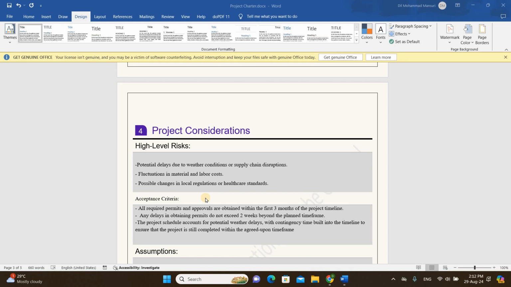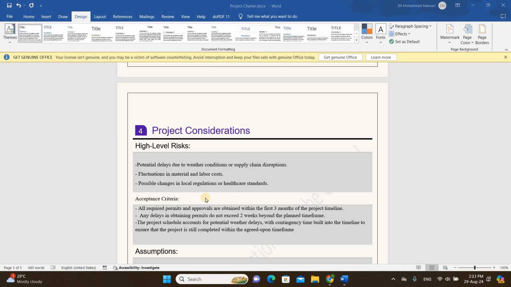Acceptance criteria. If such a risk happens, then we will have acceptance criteria. Up to that limit we can accept the project. Like all required permits and approvals are obtained within the first 3 months of the project timeline. So in the duration of 3 months we should get all the permits and approvals. Any delays in obtaining permits do not exceed 2 weeks beyond the planned time.